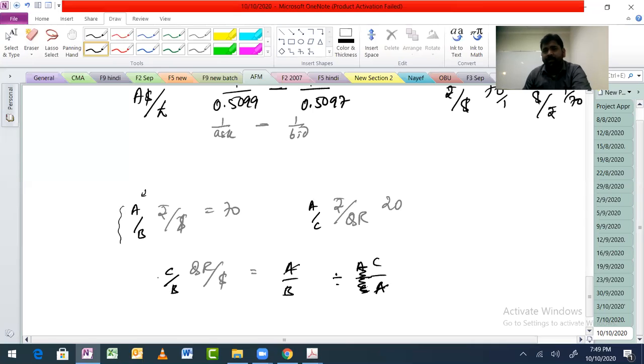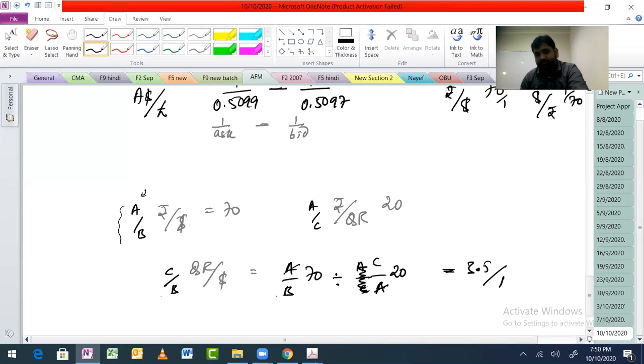What am I left with? C by B. That is what I wanted, right? So A by B is 70 in this case, and divide by A by C, so divide by 20. What do you get? That is your rate, 3.5 per dollar. Are we fine with this kind of maths?